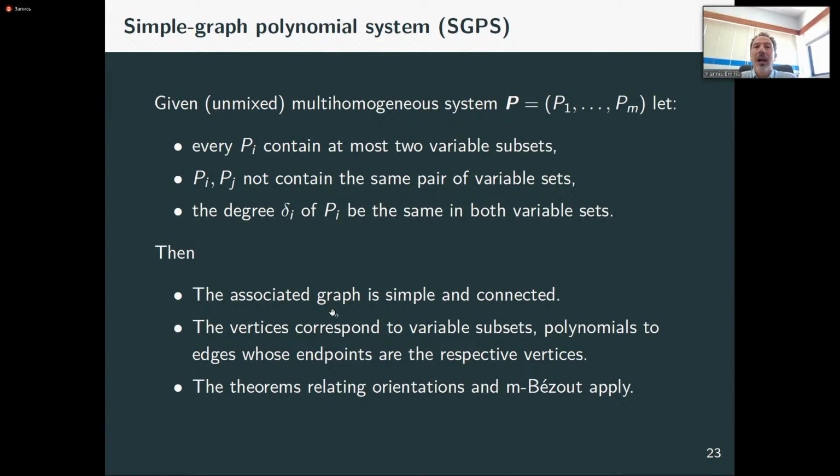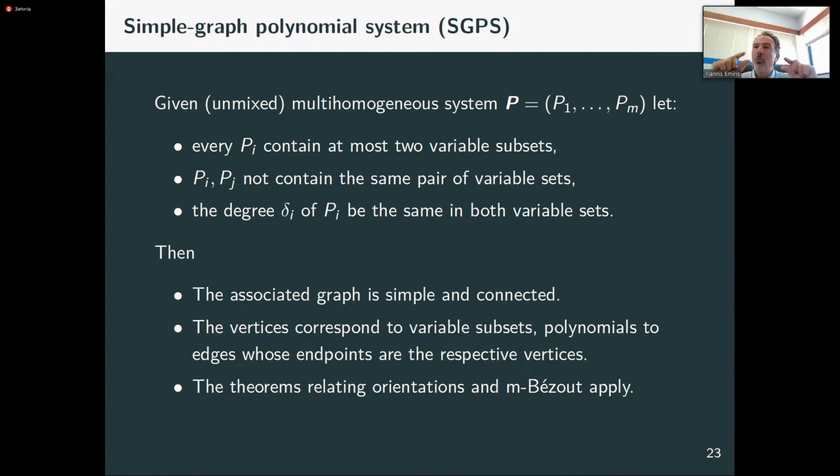Then we get a graph that is simpler and connected, like before, where vertices correspond to subsets and polynomials to edges. An obvious idea we are considering is to consider super edges. Okay, this is a standard tool in graph theory, to consider that edges are subsets of variables, not only pairs of variables. Okay, and then with this setup, if the polynomial system obeys these rules, then we apply the results that I showed you before.